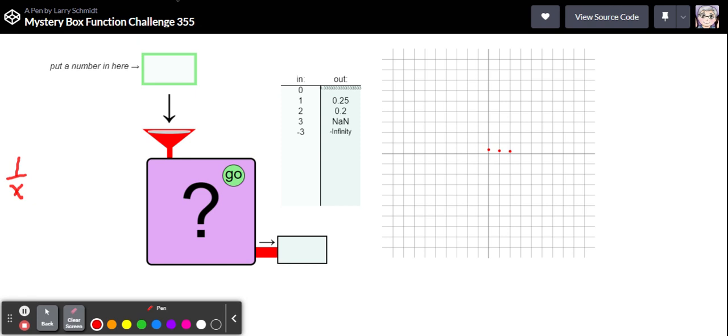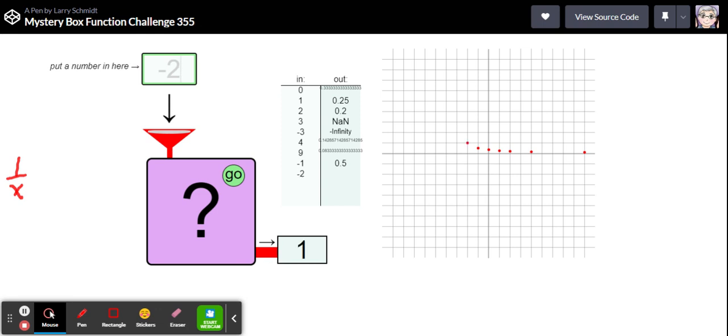Let's continue on the right with 4. Let's go out to 9. Okay, and then let's put in some negative numbers. So -1, -2.